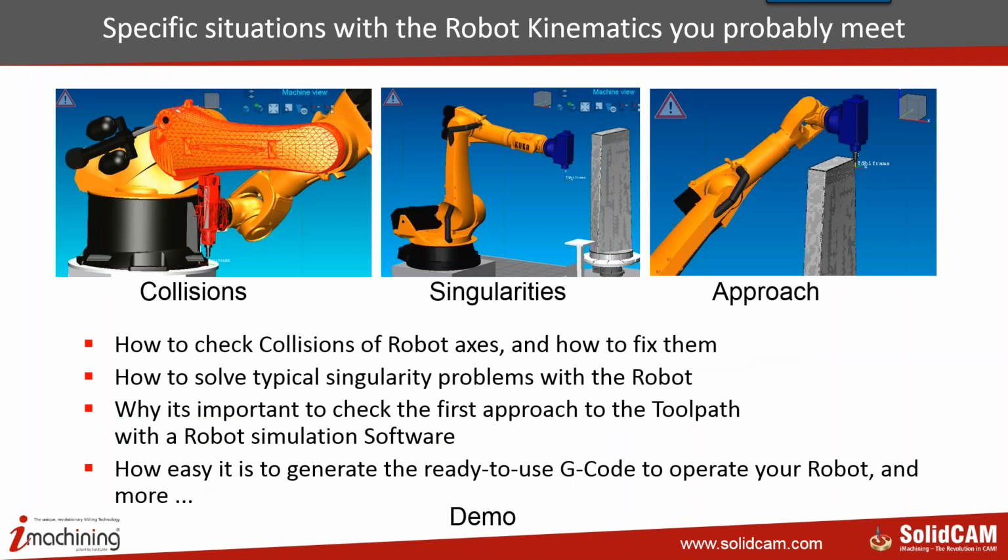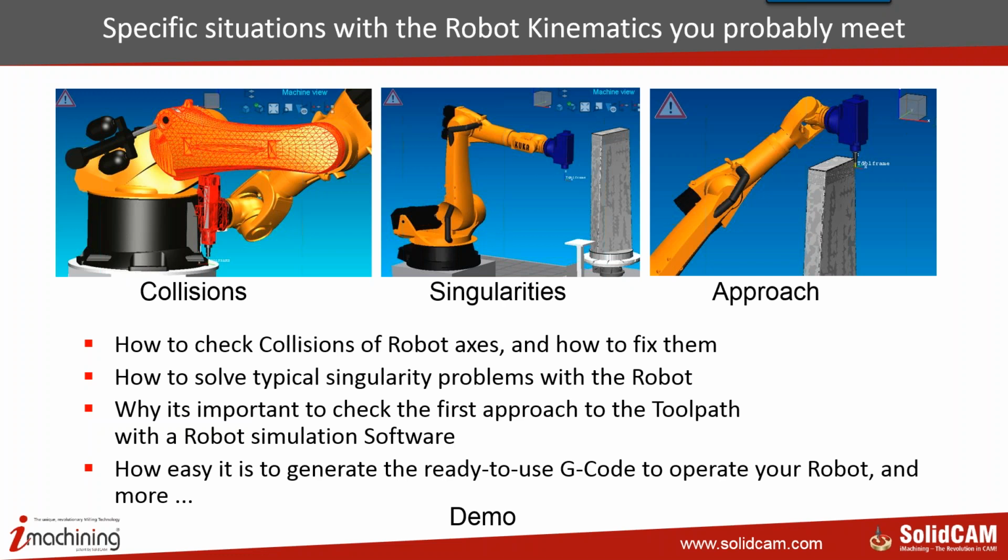So I'm coming now to the live demo for the problems you see. I'm going to show how to check the collisions of robot axes and how to fix them. We will see in the simulation that we have typical singularity problems with the robot and how to fix them.